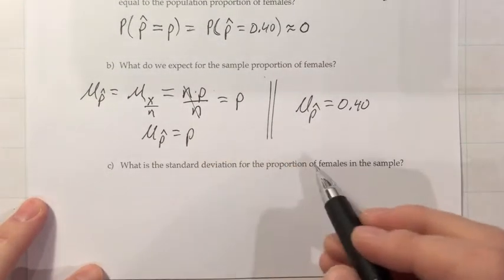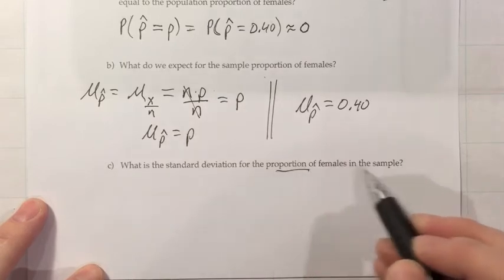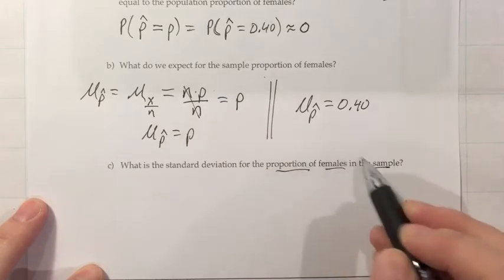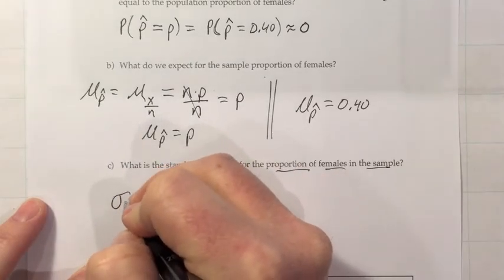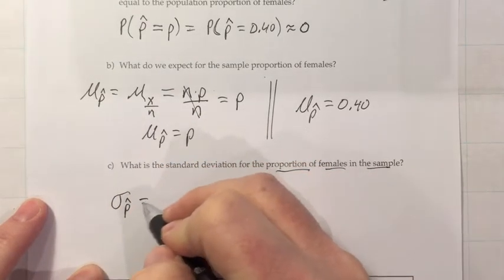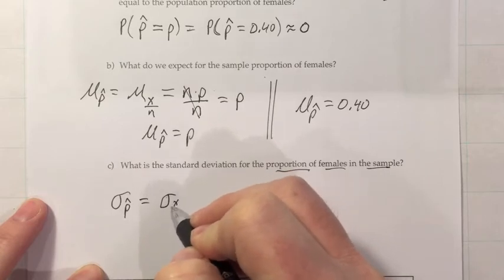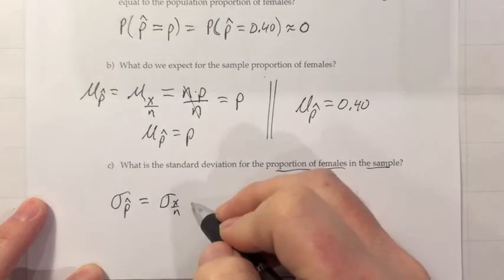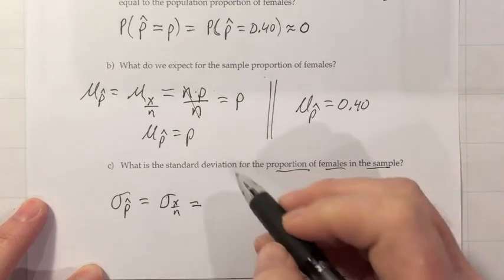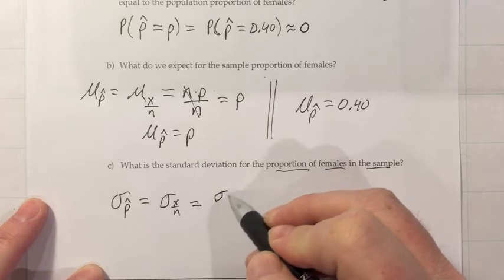So if we want the standard deviation of the proportion of females in the sample, that sample proportion is p hat. So we go through the same kind of line of reasoning. If you want sigma of p hat, then that is going to be sigma of x over n, because p hat is x over n. And this is a part that needs some proof, but I'm not going to do that here.